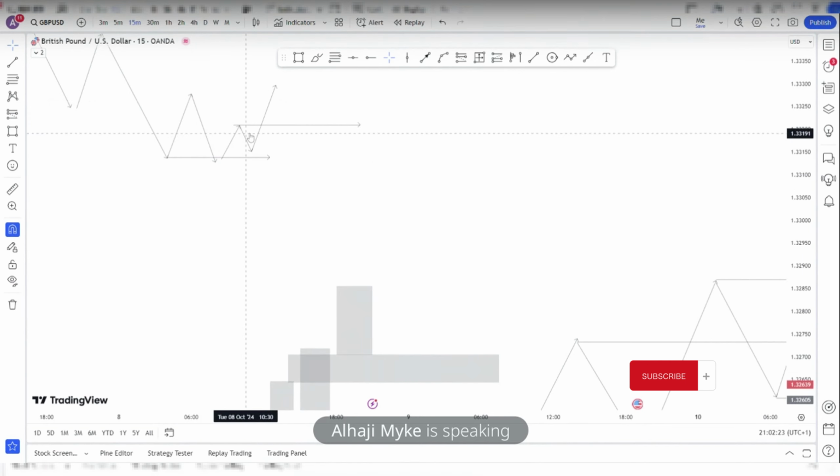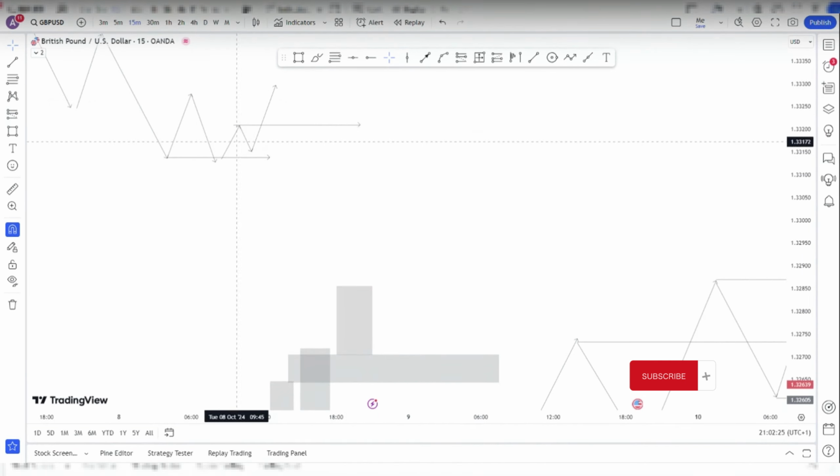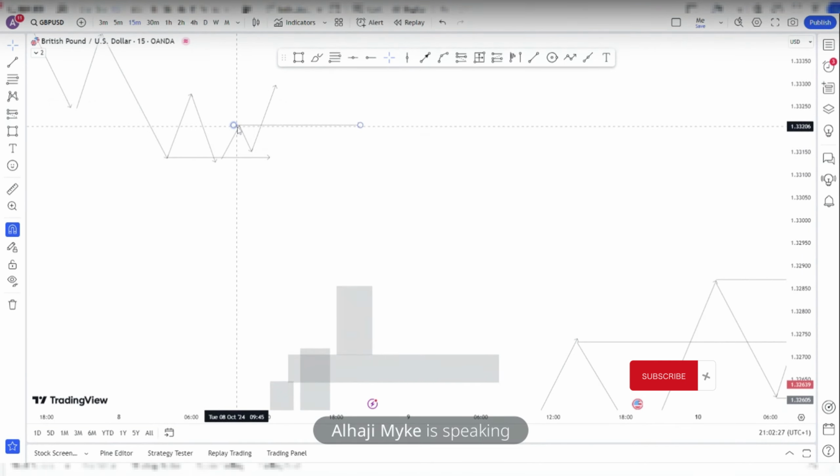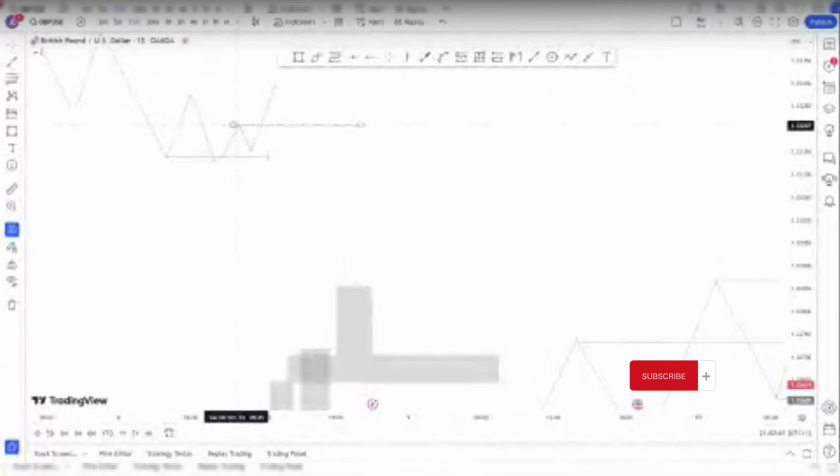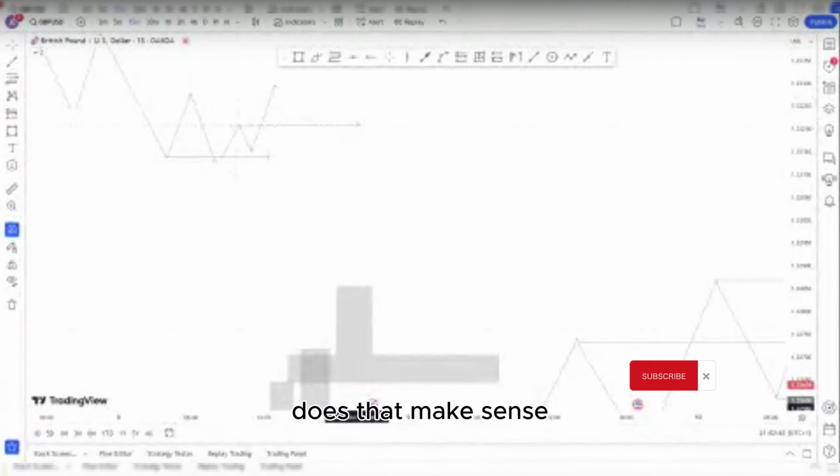It just makes its minor movements, retraces, and comes back to take that new high that it created, that engineered high or low. That is what we classify as a short-term high or low. And it's the same thing vice versa, in a bullish market or a bearish market, same rule. Does that make sense?